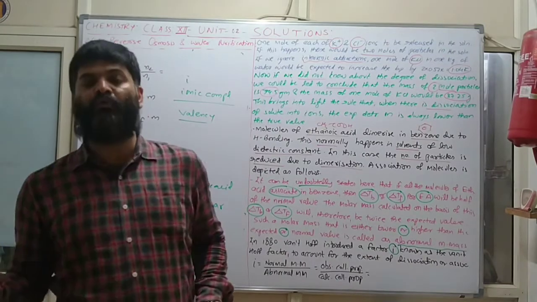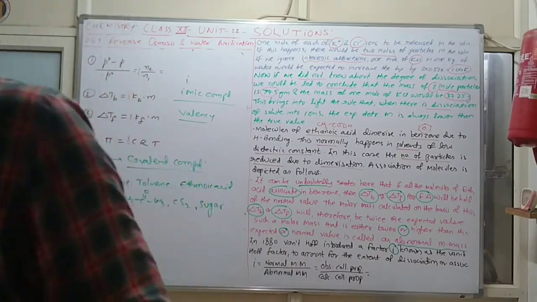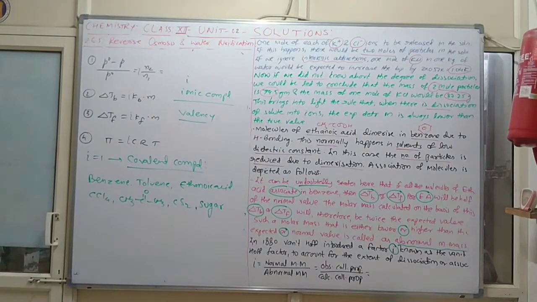Here abnormal molar mass is experimentally determined. Molar mass and calculated colligative property are obtained by assuming that the non-volatile solute is neither associated nor dissociated. In case of association, the value of i is less than unity. You have to remember one thing.